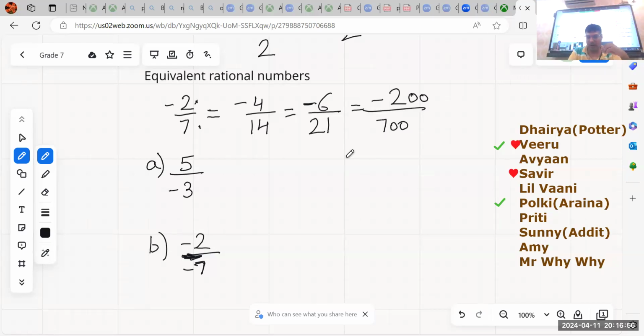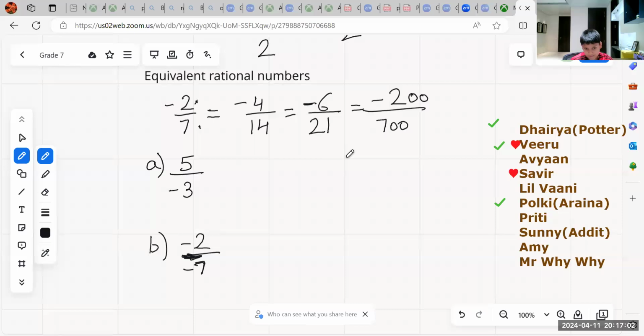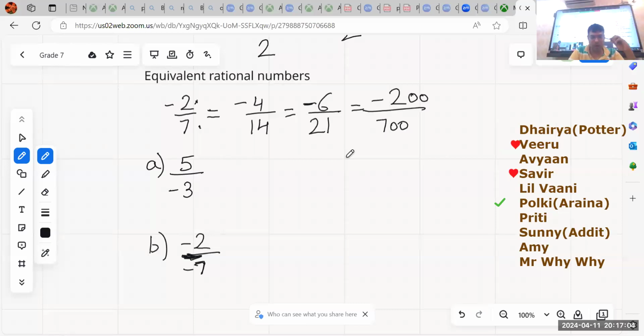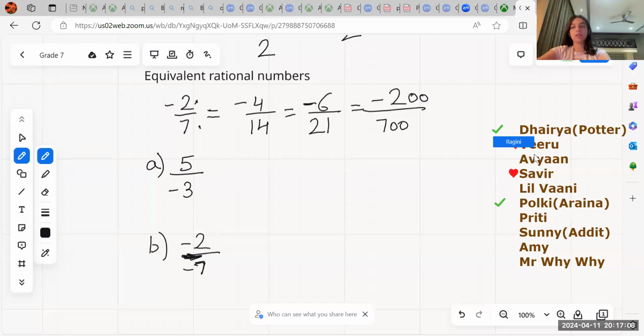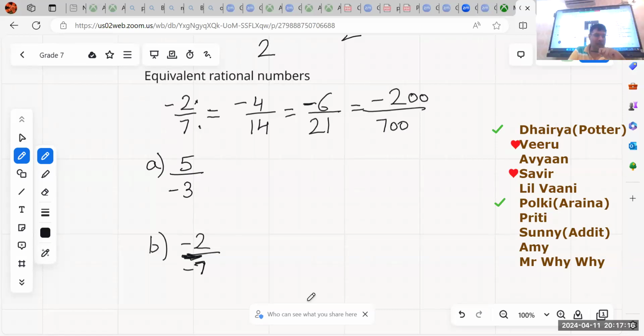Ayanka, where is your sister now? Sir, she is studying. Lilwani, where is your brother? Somewhere in the house, I don't know. Viru's younger sister is very docile.